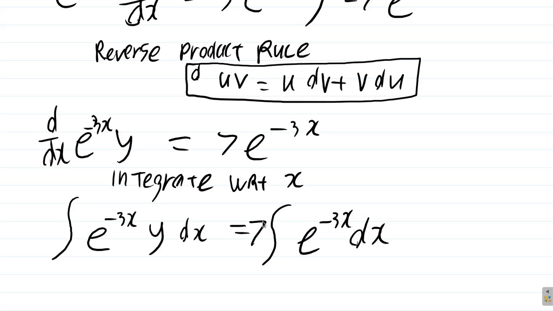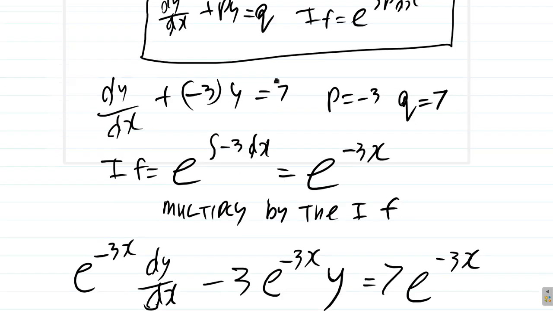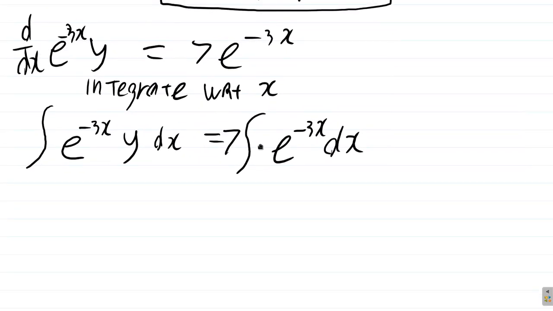Makes the process less crowded. Alright? You have to remember that when you add a constant of integration, the 7 also multiplies the constant of integration, but then 7 times a constant is just another constant.